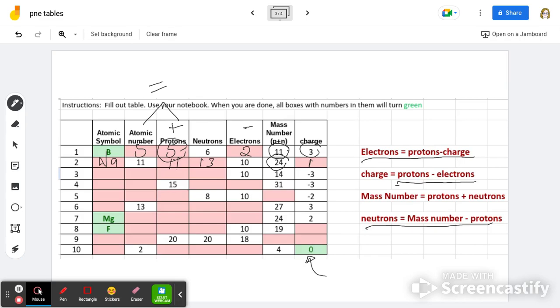This time, I really can't solve for any of these until I get my protons. So I know that I have 10 electrons, and I know my charge is negative 3.